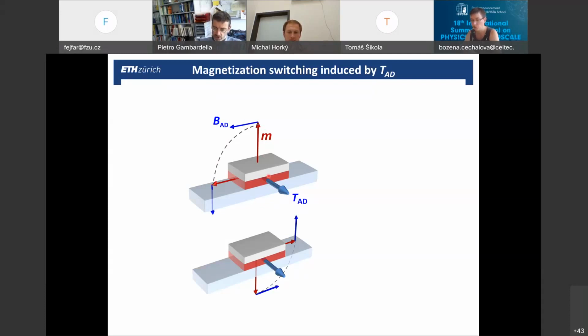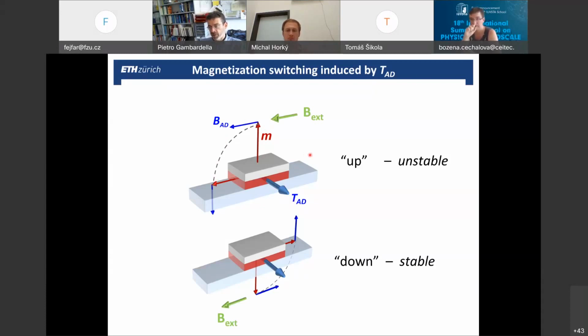And so in such a system, the injection of a current will tend to rotate the magnetization over and over. If you then apply a constant in-plane magnetic field, you essentially stabilize one direction because you counteract this current-induced field and destabilize the other, and this induces deterministic switching. There are also ways to get rid of this external field to control this effect.